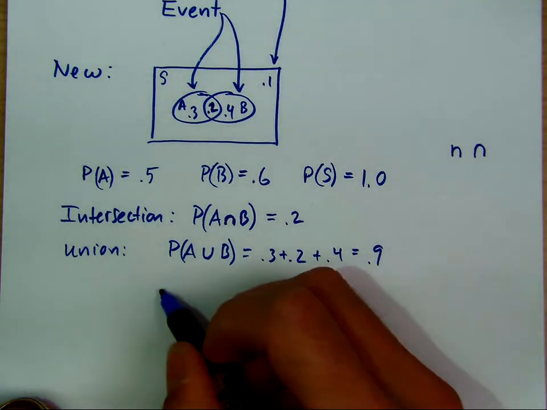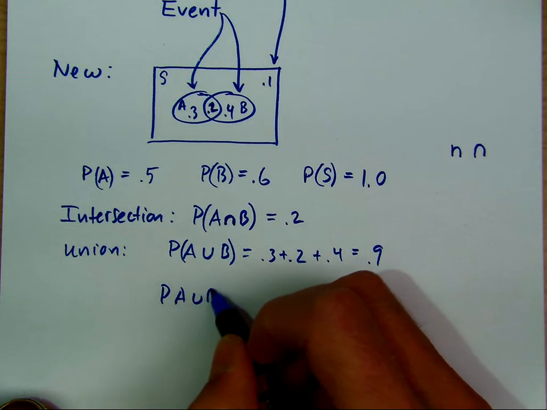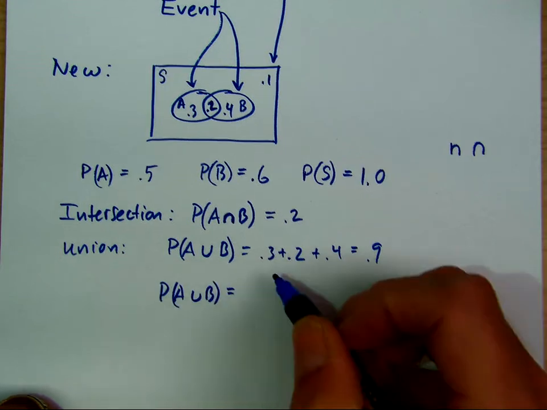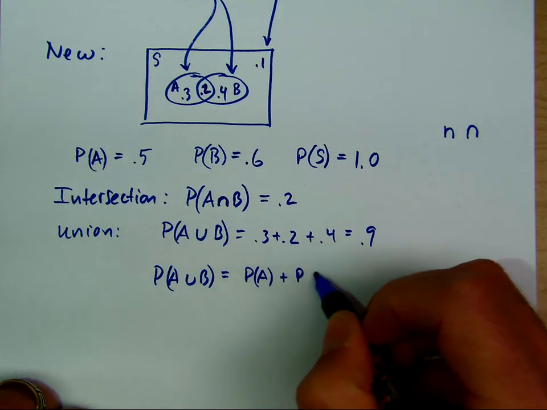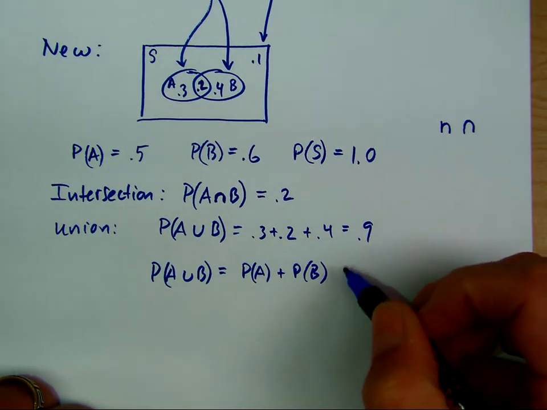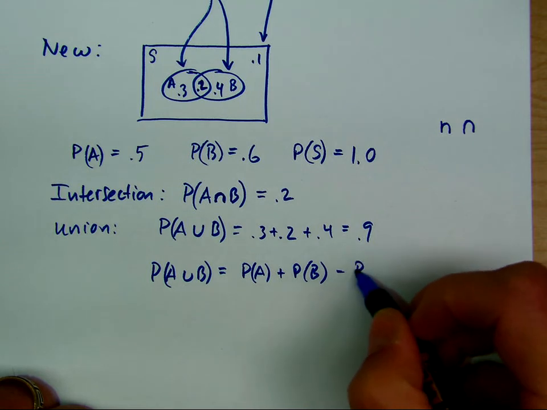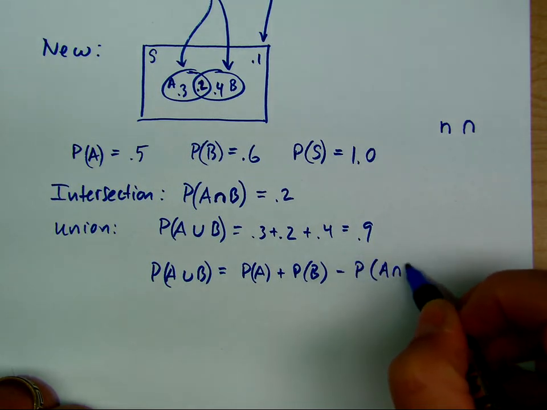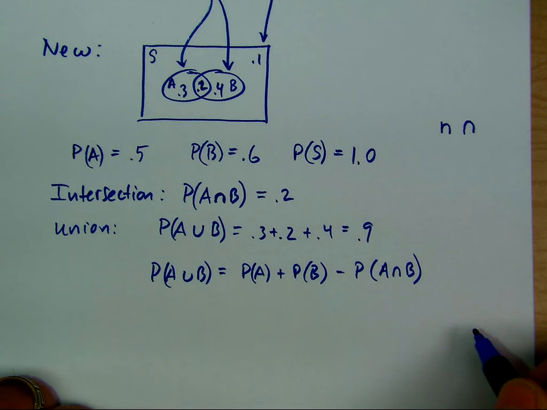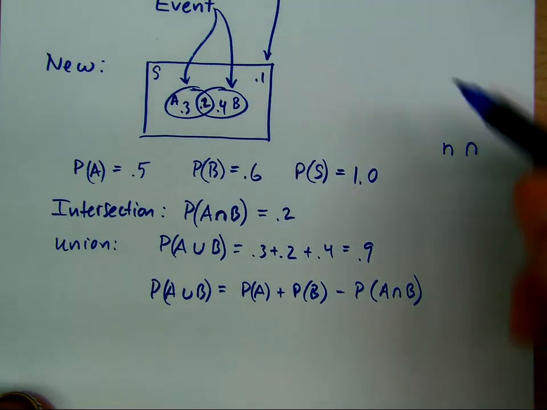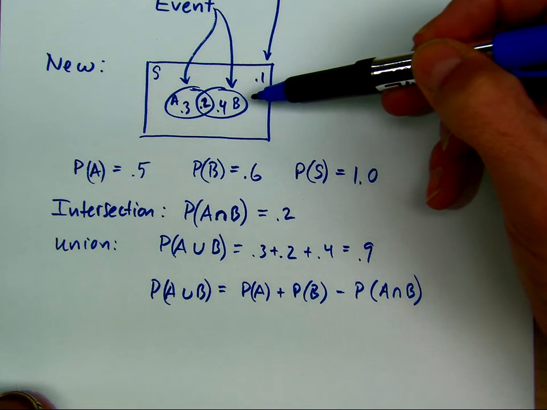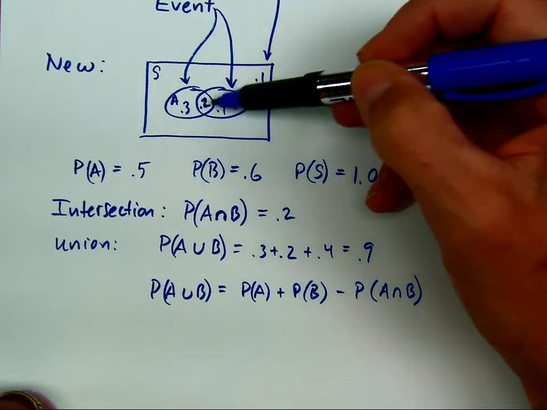But we also have a formula for the union, and that is the sum of the probabilities of the two events, minus one intersection.